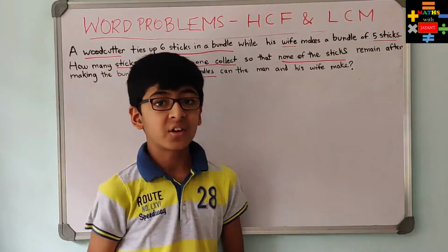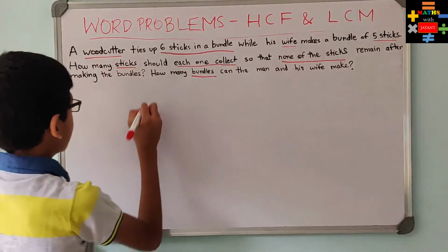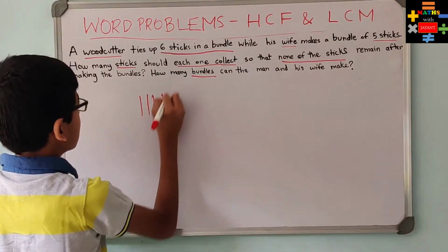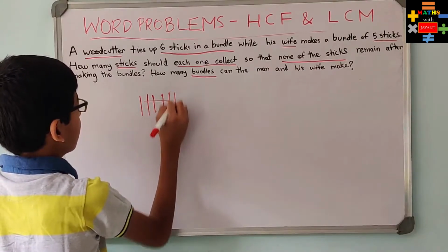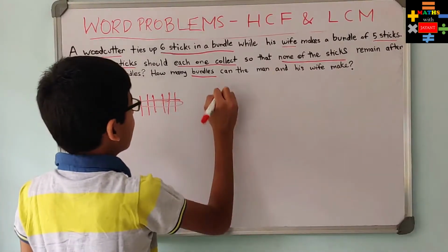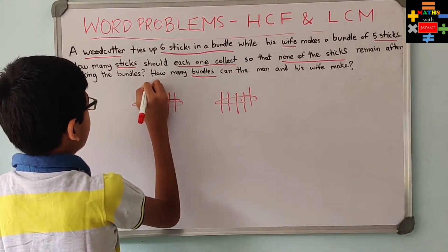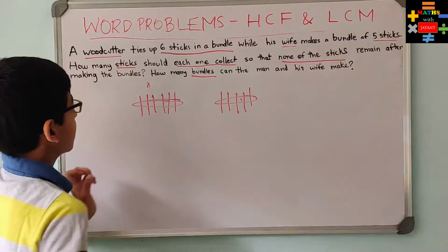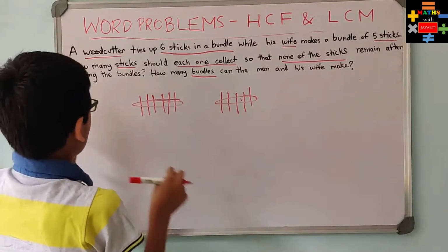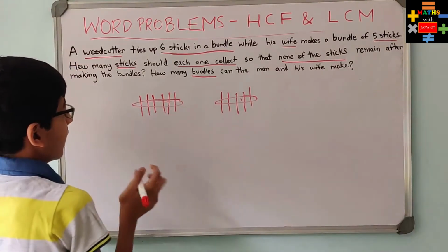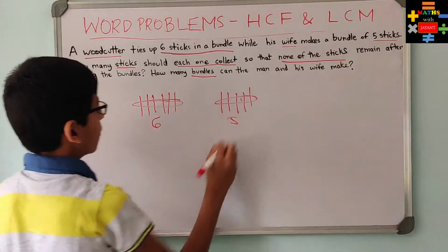So let's start. There is a woodcutter. He keeps 6 sticks in a bundle, while his wife keeps 5 sticks in a bundle. So let's see how many sticks should each one collect. This one is 6, this one is 5.